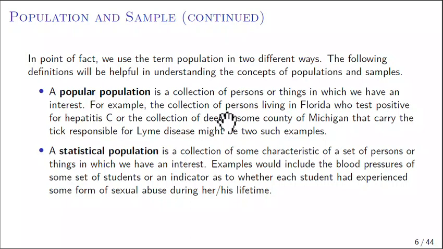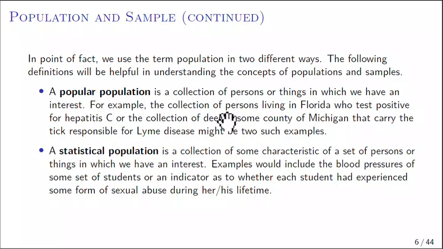For example, here we could be talking about the blood pressure of some set of students, right? Why are we interested in this kind of blood pressure? Because, of course, blood pressure is measured from persons, right?